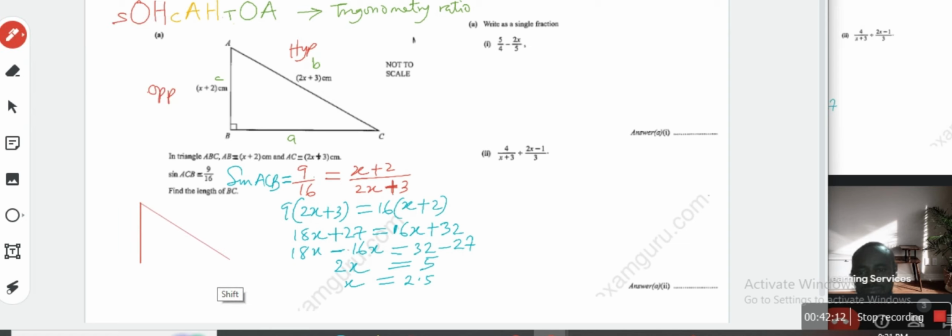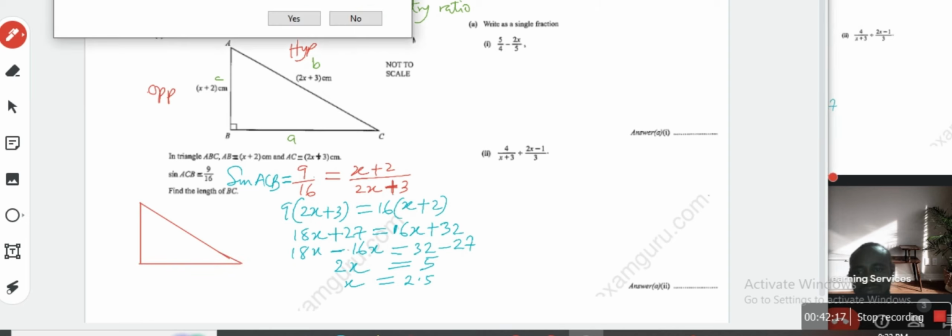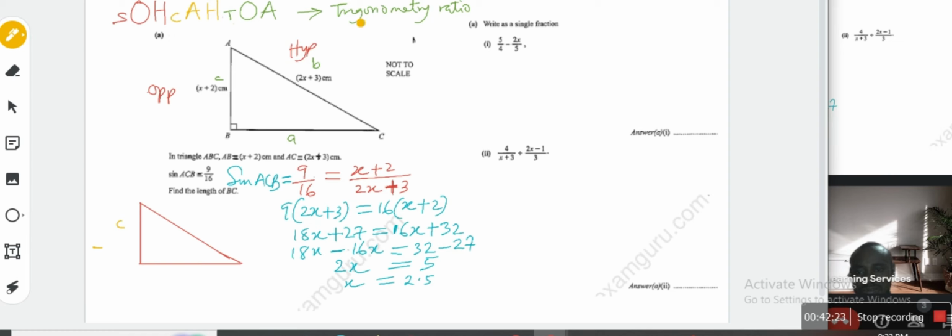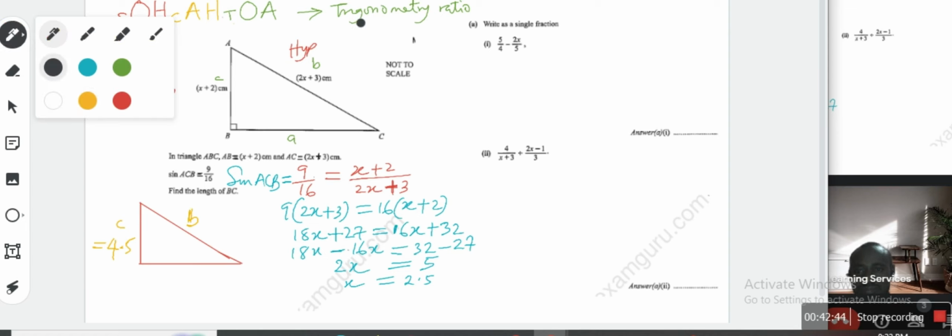Okay. So C is 4.5. C is equal to 4.5 by substitution. x is 2.5, so we just say x, which is 2.5, plus 2, that's 4.5. And B is 8.